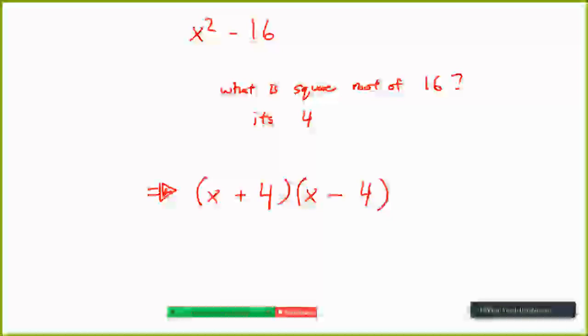Now, I'll show you this generally speaking, like how it would look in a math book, how it would apply to every different problem. This is the generalized rule. So if we have something like this, little a to the second power minus little b to the second power, this is our x squared minus 4 squared.